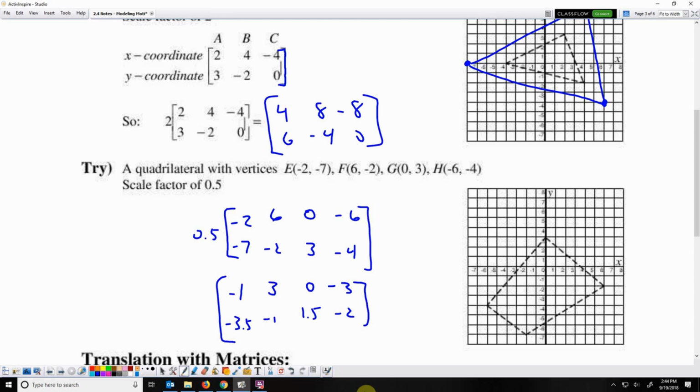We'll do our best to approximate those decimals. We've got (-1, -3.5), about right there, and then (3, -1), (0, 1.5), and (-3, -2). So we notice this one actually got smaller, but we're multiplying by a decimal between 0 and 1, so that is going to shrink the shape.